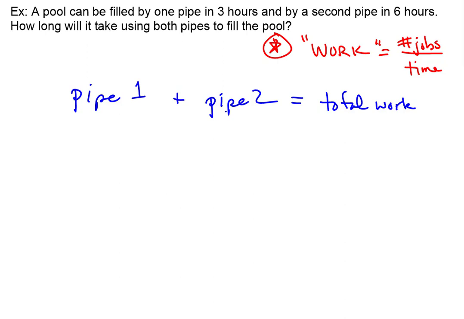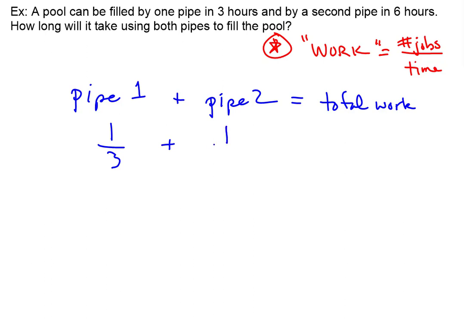So pipe 1, it doesn't really matter which one's which, but I'll just take pipe 1 to be the first one. It says a pool can be filled by one pipe in 3 hours. So the work ratio for pipe 1 we'll say is one job in 3 hours. We'll just call that 1/3, number of jobs over time. Now, we're going to add that with the work of pipe 2, which says a second pipe can do this in 6 hours.